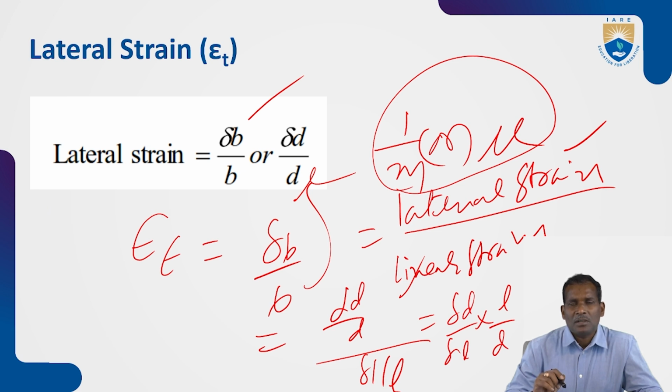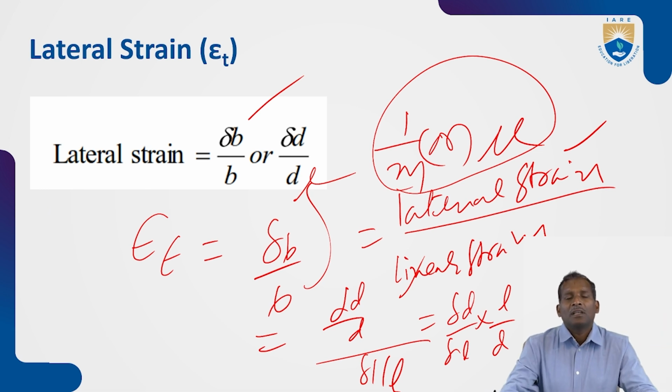The Poisson ratio depends upon the material properties. So in examinations, while problem solving, they will give the Poisson's ratio. If not given, you have to assume the Poisson ratio for the particular material. Or if you know the lateral strain or linear strain, you can calculate it by using the lateral strain formula and linear strain formula.